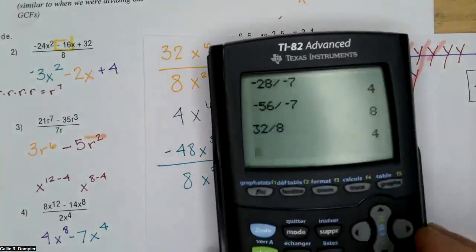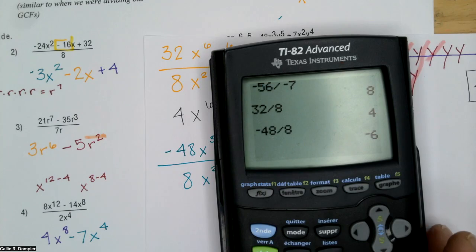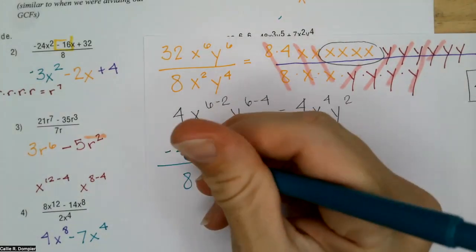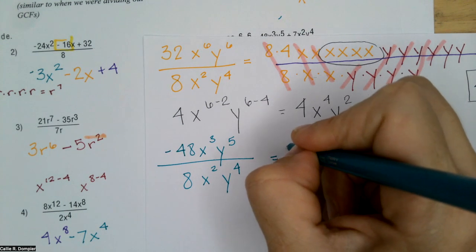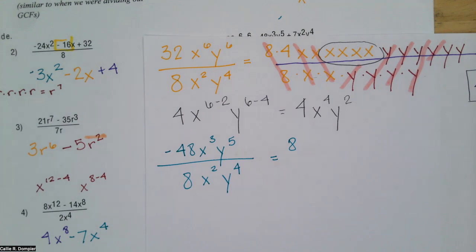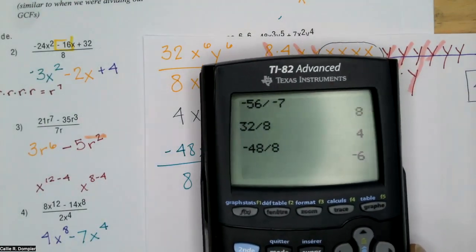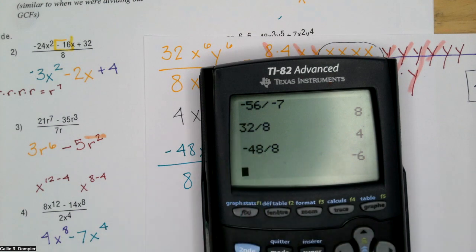Negative 48 divided by 8 is a negative 6, okay? So negative 48 is that positive 8 that we divided out of it times the 6. This times this will be this. Do you remember those, like, what were they called in elementary school?